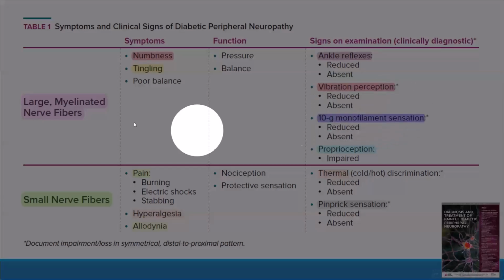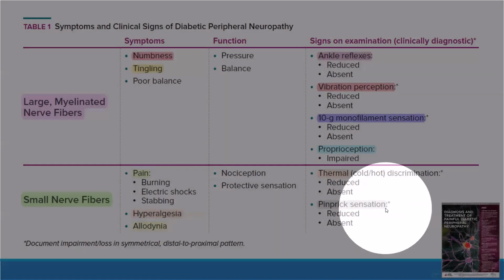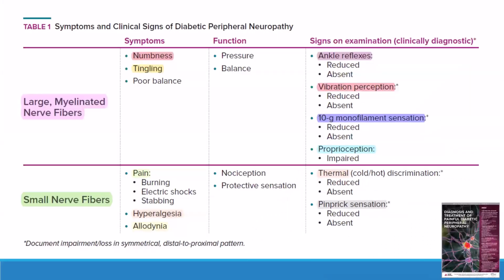So the 10-gram monofilament examines large fiber involvement. Small fiber involvement is symptomatized by pain, burning, electrical shock, stabbing, hyperalgesia and allodynia. This should be examined by thermal, cold or hot discrimination, or pinprick sensation. Is it reduced, absent, or normal?